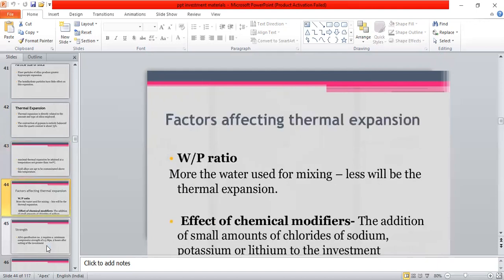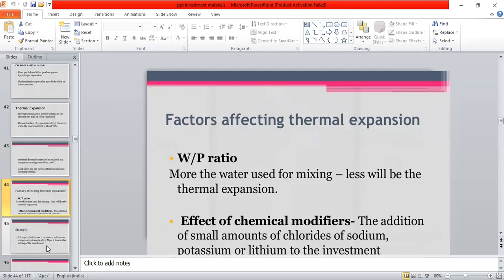Then there are certain factors which determine the thermal expansion. We discussed certain factors that determine the hygroscopic setting expansion. Similarly, there are certain factors which determine the thermal expansion. The first one is the water powder ratio. The more water used for the mixing, the less will be the thermal expansion.